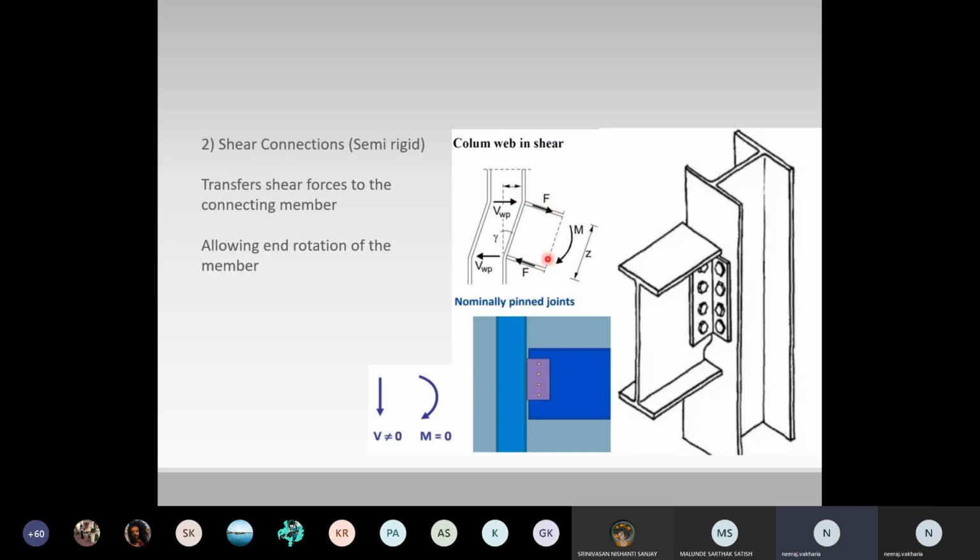This is a slightly exaggerated image, but like we understand the types of supports, it can also be categorized as the pin joint. So there won't be any shear, it resists it, but there might be moment which we might not be able to resist. So it allows end rotation of the member.